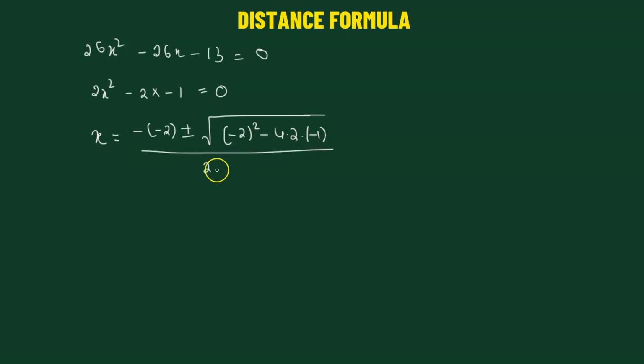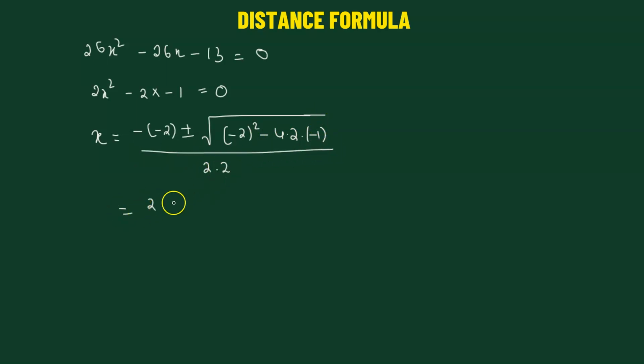So we have a standard quadratic equation that's solved using the standard formula. So x will be equal to negative of negative 2 plus or minus the square root of the discriminant, which will be negative 2 squared minus 4 times a times negative c, divided by 2 times 2.